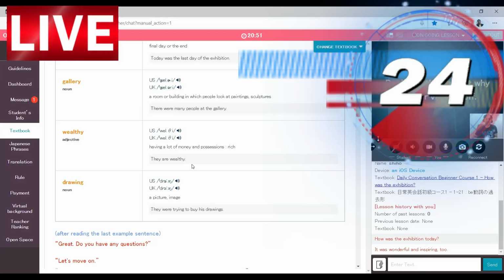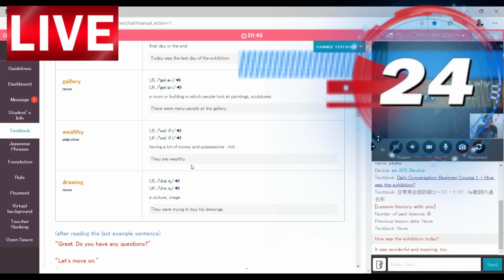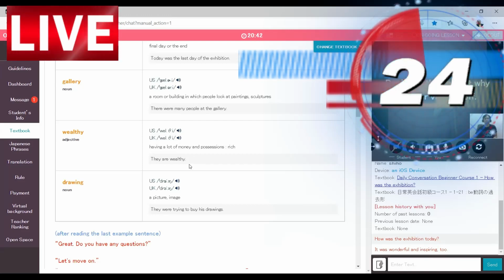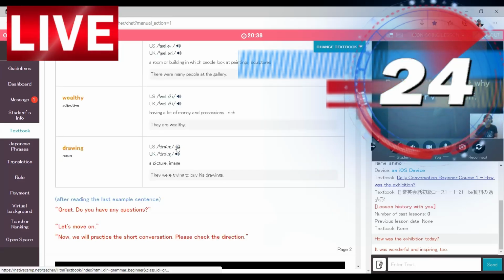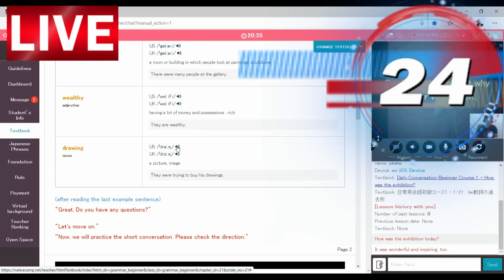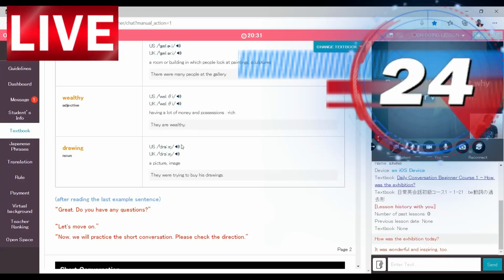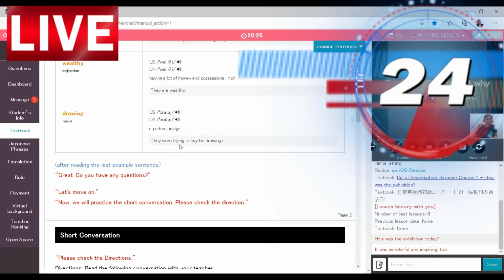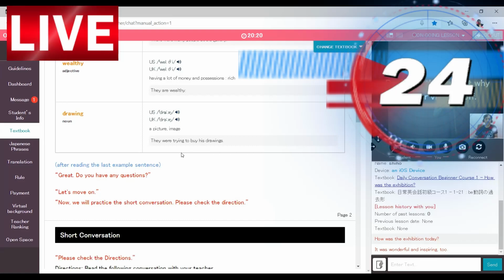It also means rich. Please read the sentence. They are wealthy. Yes. And the last one. Drawing. Drawing: it's a picture or image. Please read the last sentence. They were trying to buy his drawings.